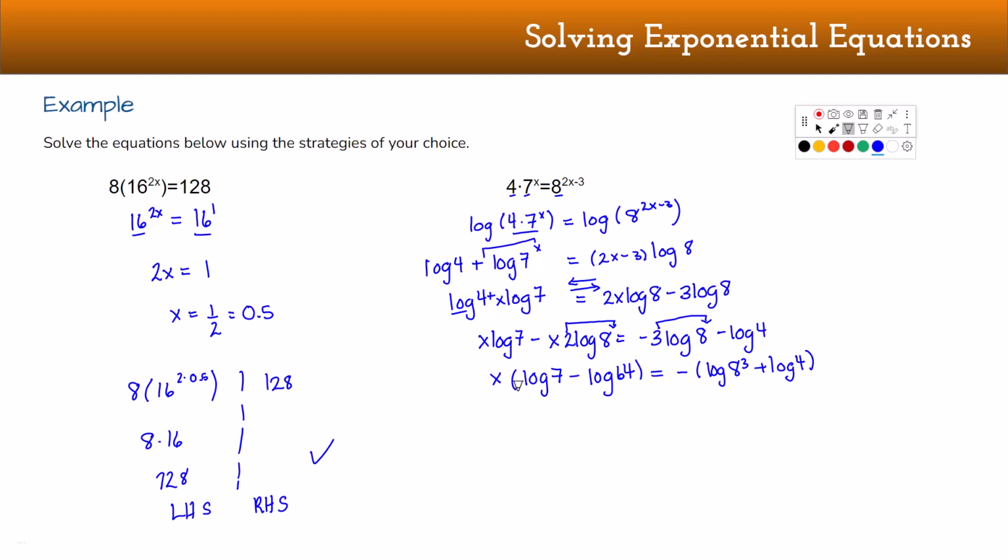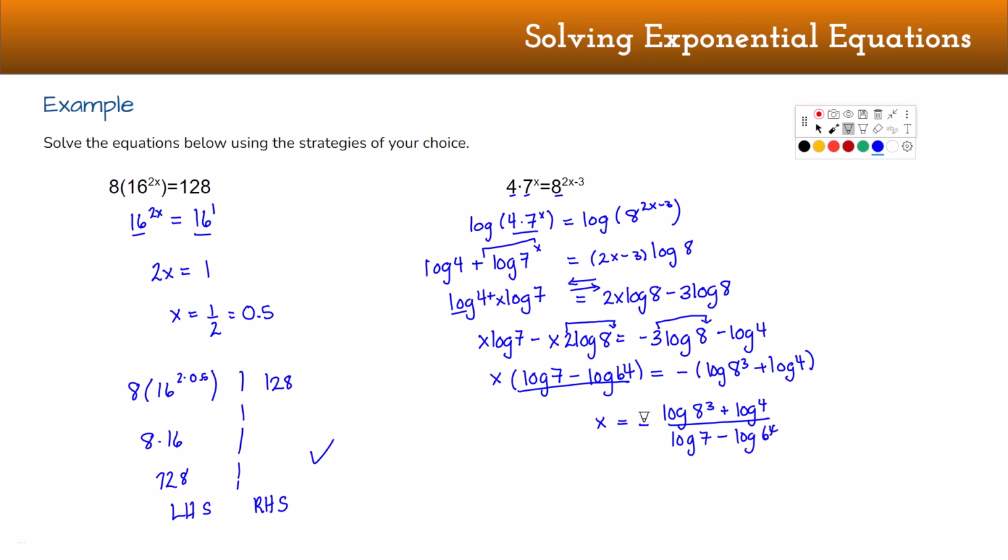And now I'm going to divide both sides by this, which is going to leave me x equals negative log 8 cubed plus log 4 all over the difference here, which is log of 7 minus log 64.